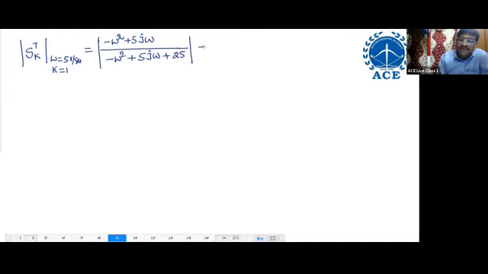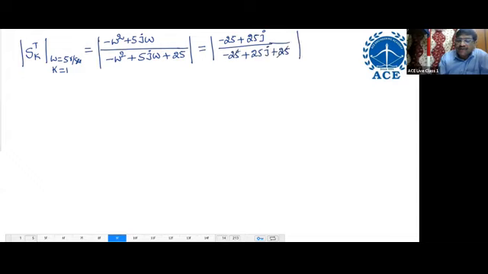Now simplify this. What will I get? Omega 5 means minus 25 plus 25j divided by minus 25 plus 25j plus 25 plus 25.